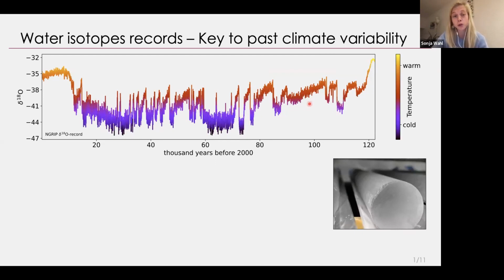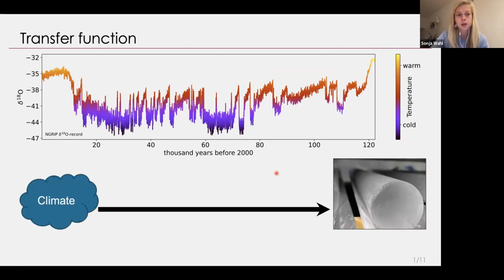And now, of course, this is just a stable water isotope record. The question is how to translate this into a temperature or climate record. And for this, we need to know about the transfer function between the climate signal and the signal we later measure or analyze in the ice core.